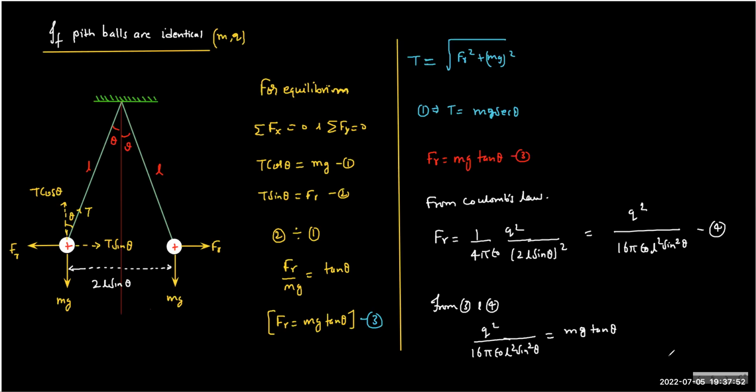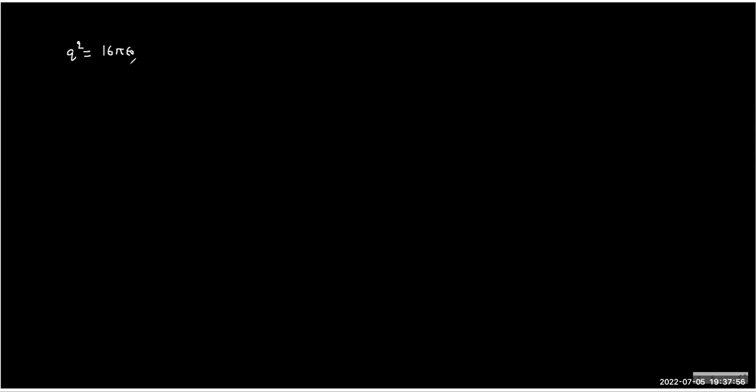So once you do so, the q square becomes 16 pi epsilon naught L square sin square theta times mg tan theta. I think this is the full value, no?